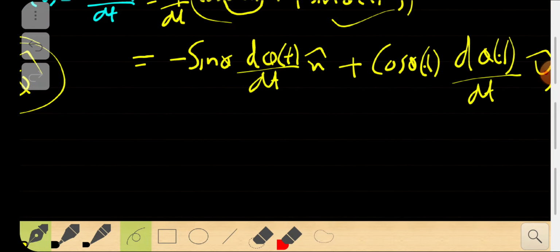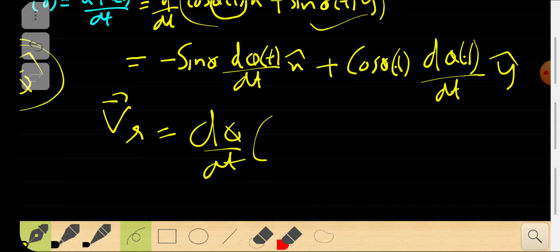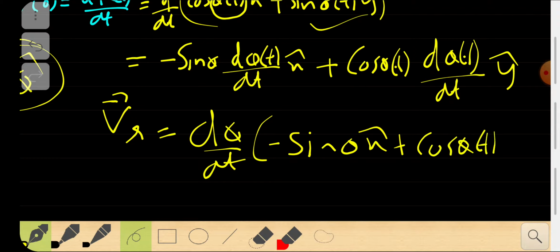So I got that sine theta. So v of r, v in the radial direction, is equal to minus sine theta. I can take out the d theta by dt outside, and what I get inside is minus sine theta x cap plus cos theta y cap, right?